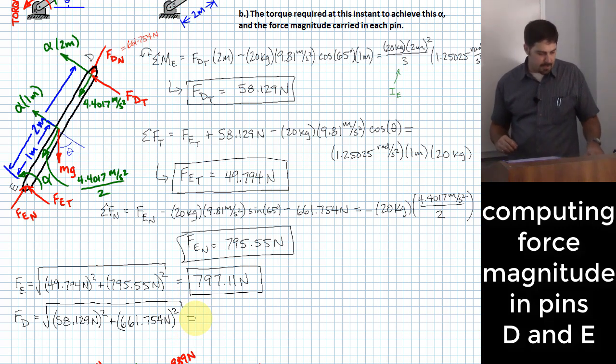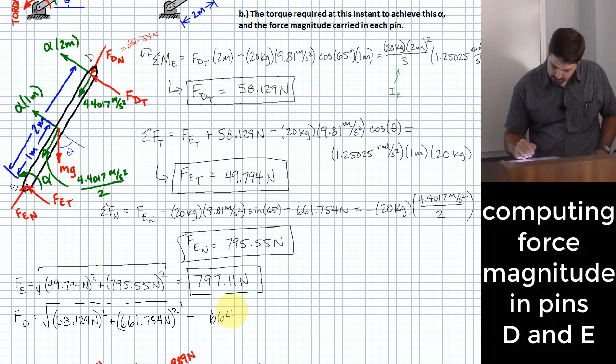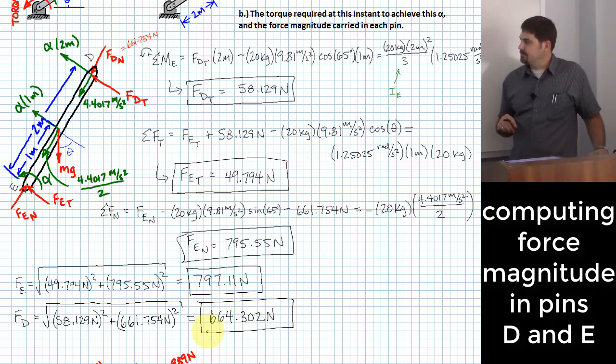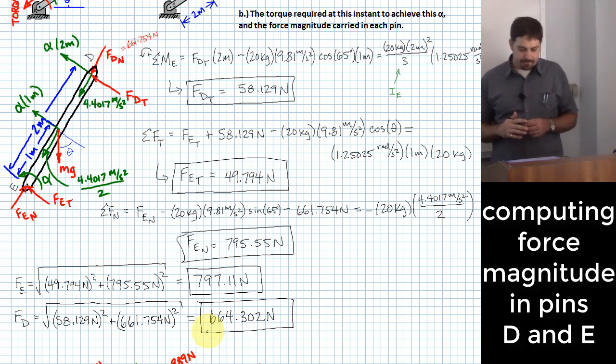Okay, and that tells me that my force carried in pin D is going to be 664.302. All right. And those would be interesting numbers to have if you were, for instance, trying to size the pins. Say I need to have the pins big enough to where they're not going to shear. Okay, and that's including the dynamic forces that would exist there.